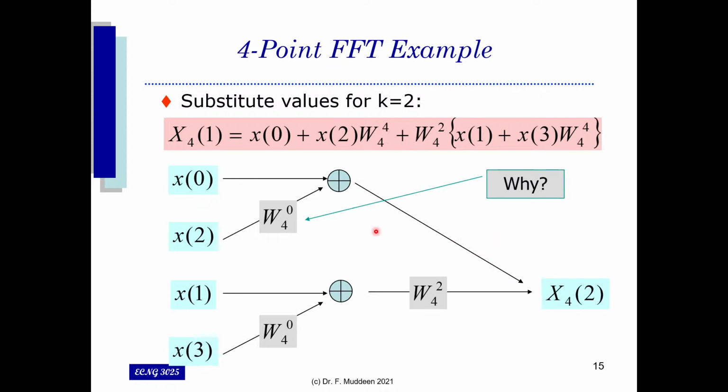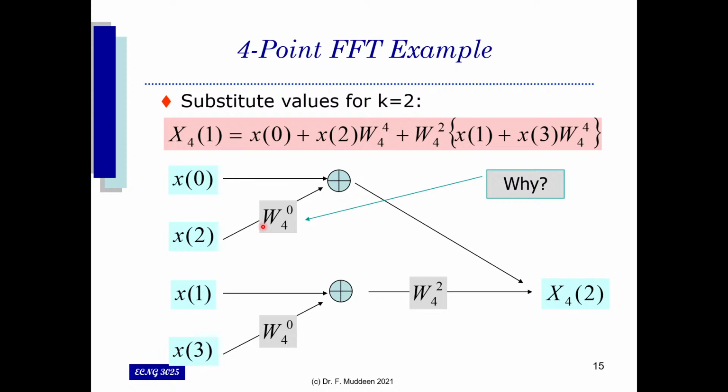Now, in this particular case, we have W4 of 4 here, and we represent this as W4 of 0. If you can't remember why we represent it as W4 of 0, this has to do with the periodicity property of the twiddle factors.